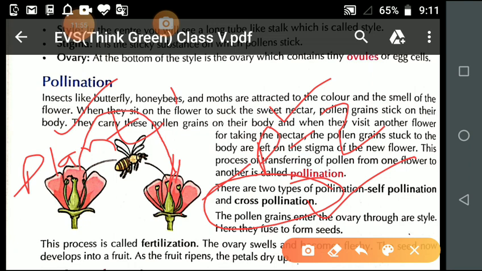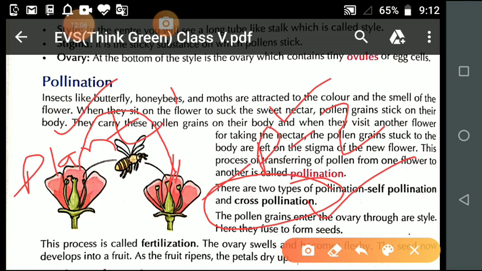So why do these insects sit on the flower? Because they get their food, and their food is nectar.